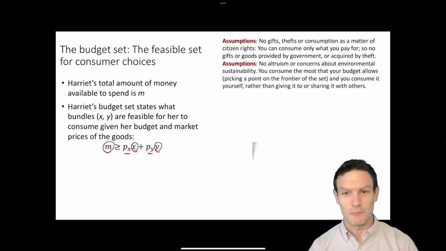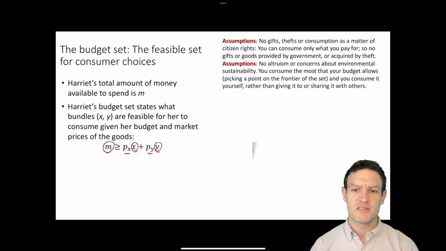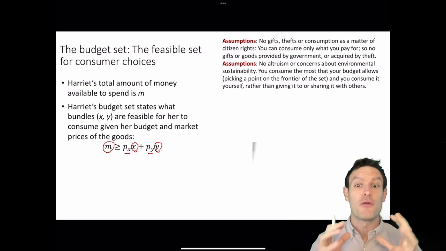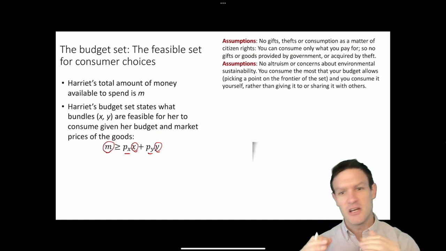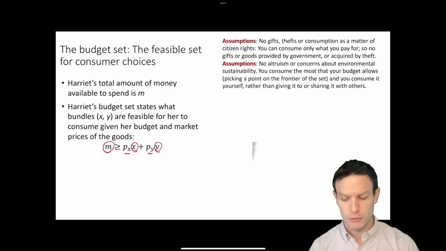The price of it is zero. Then there are other assumptions we can think about here. There is no altruism. There are no concerns about environmental sustainability. You're going to consume the most that your budget allows you to. So when you're maximizing your utility, you're not concerned about other things other than your consumption, and just paying the prices for the goods that you can consume.